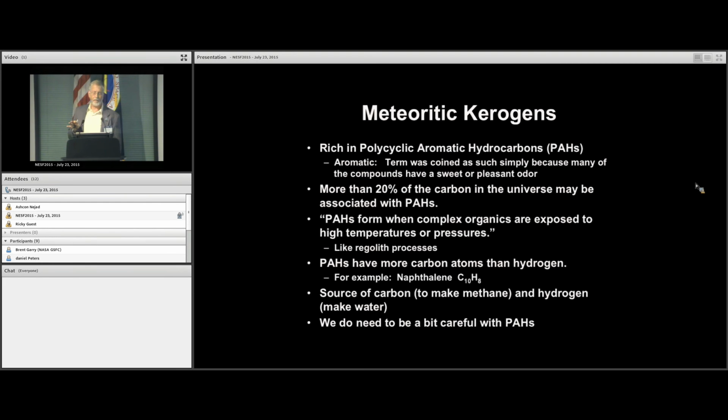The problem is that meteoritic kerogens tend to be rich in this stuff called polycyclic aromatic hydrocarbons. Now, I had never heard of this stuff before, or only in passing. I wondered why it was called aromatic, and it turns out that this was coined back in the early days of organic chemistry, because one of the tests that organic chemists used to do in the 19th century was color, reactivity of various sorts, and then they would also do smell and taste.